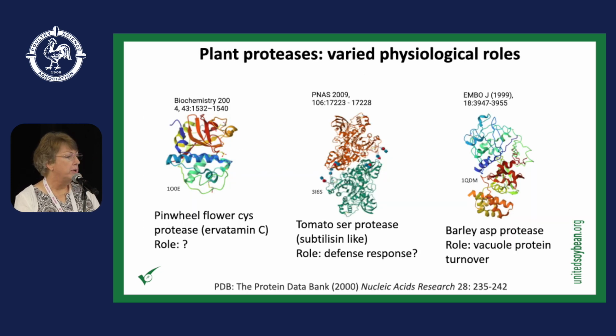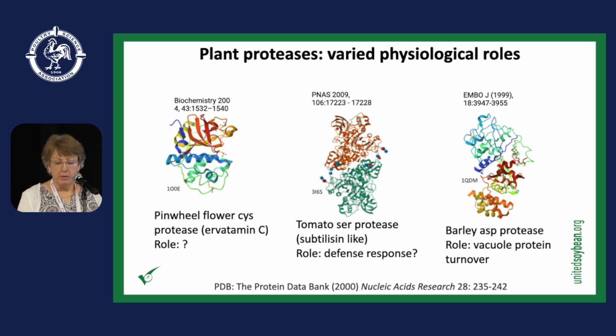Okay, so here's some pretty ribbon structures of plant proteases. There's an example of a cysteine protease from pinwheel flower, which is a tropical plant that's a medicinal herb. I have no idea why somebody wanted to crystallize this protein, but they did. It doesn't have any physiological function that we know of.